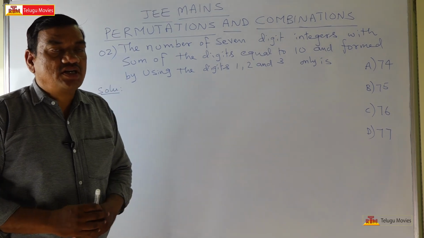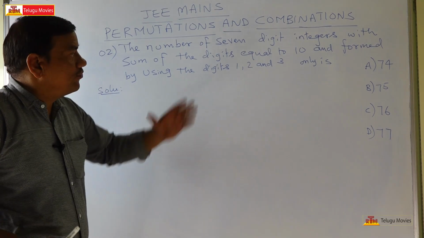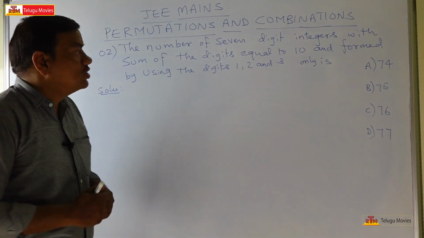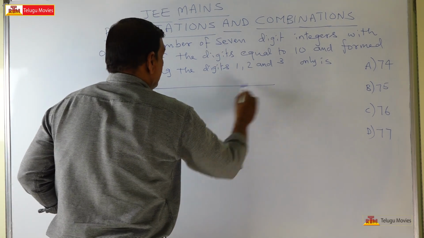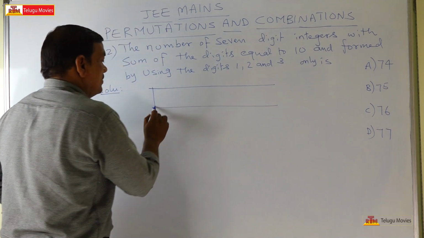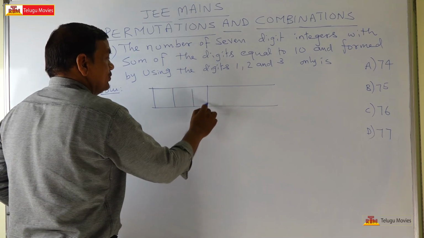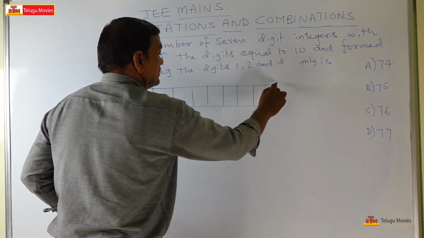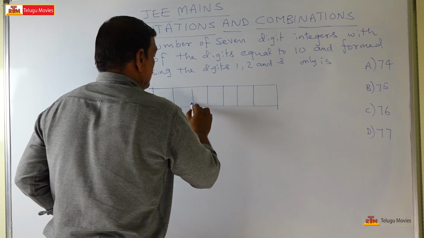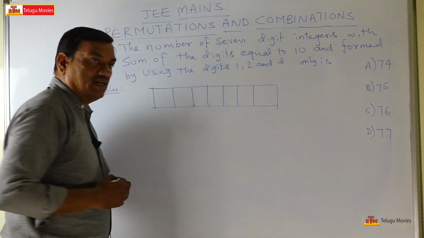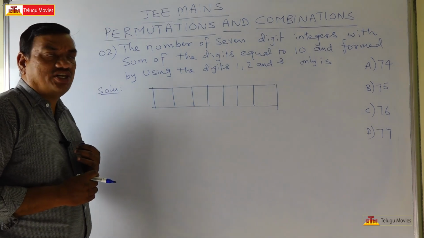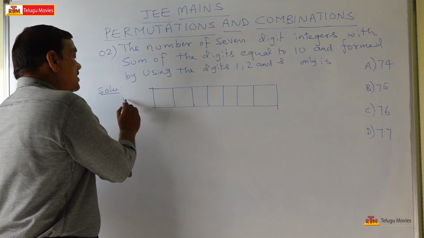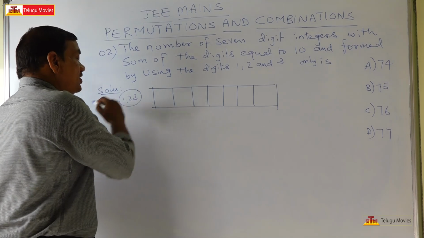Coming to our main solution for this problem. First of all, there should be a 7-digit number. The first restriction is you have to use the digits 1, 2, 3 only.